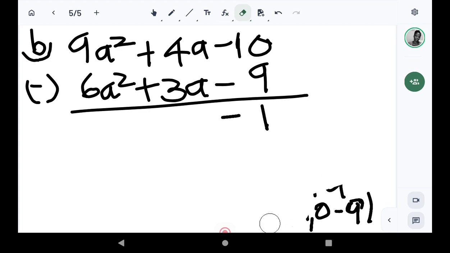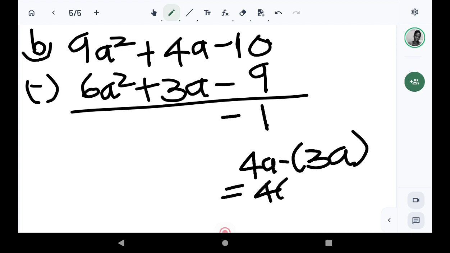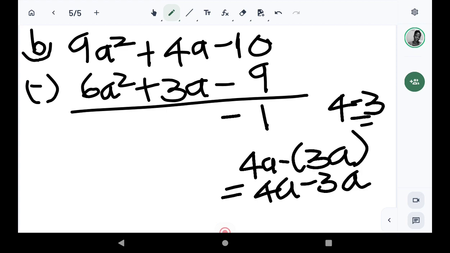Next one. 4a minus positive 3a. That is the same as 4a minus 3a, which is not a problem. 4 minus 3 equals to 1. So that will be equals to 1a, which is the same as a. So that is plus a.